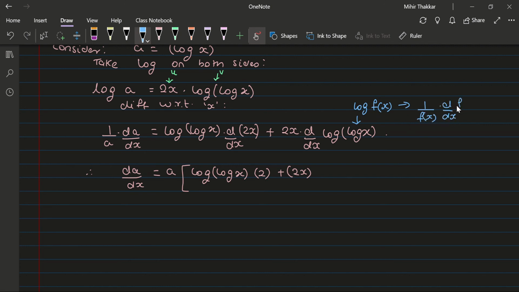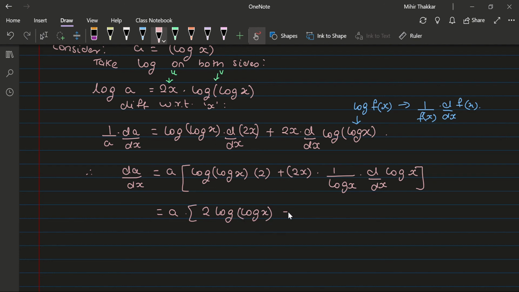Guys, we are constantly doing this formula, so I'm sure it must be by heart to you by now. So you will get 1 upon log x multiplied by the derivative of log x. So now A into 2 times log of log x plus 2x upon log x, and the derivative of log x is 1 upon x. So x and x can be cancelled off.